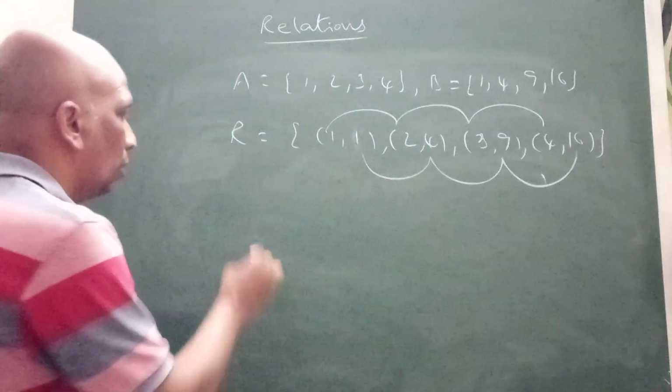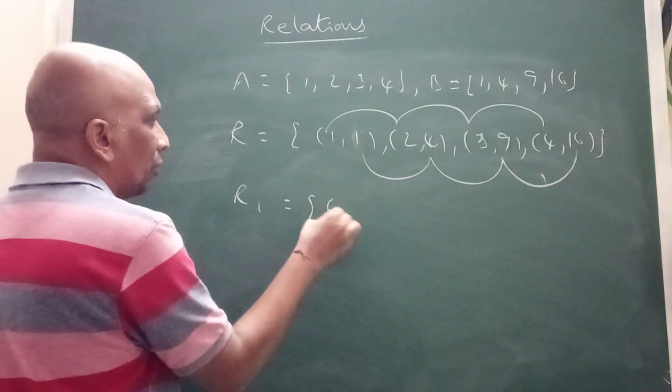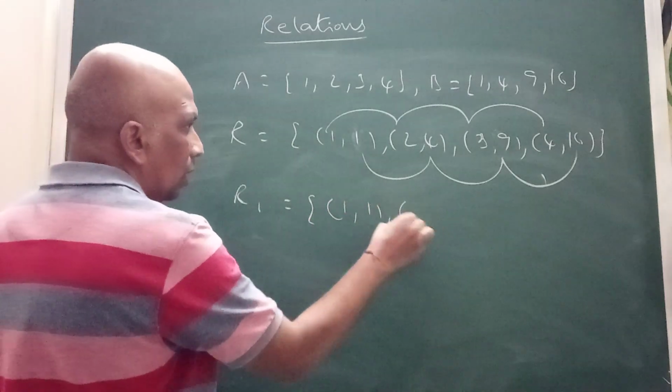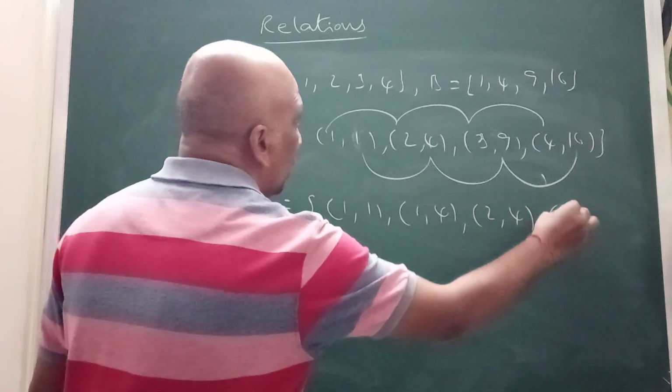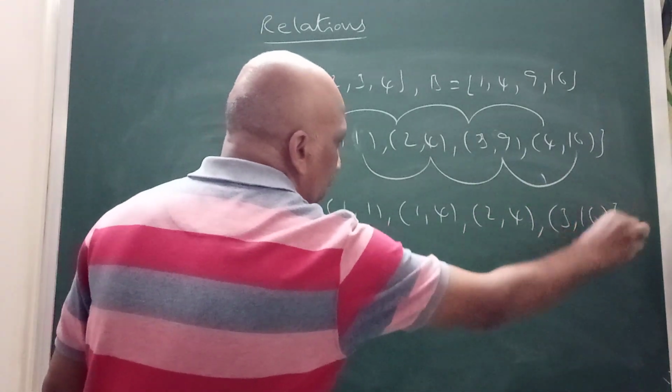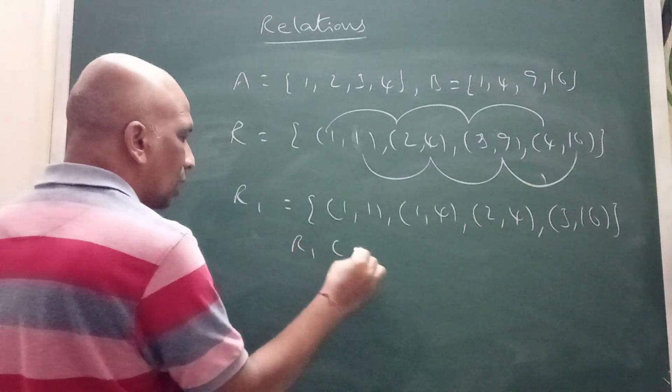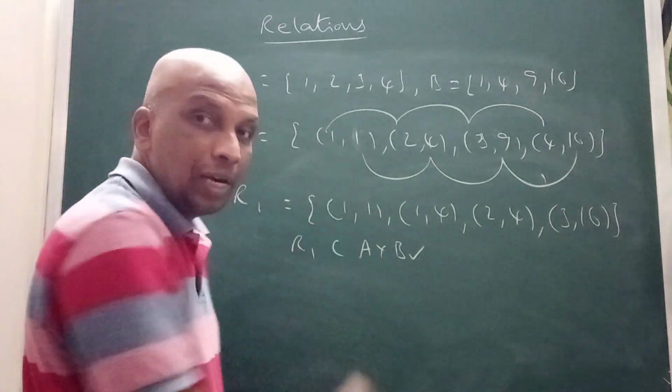For example, I have written R1 equal to {(1, 1), (1, 4), (2, 4), (3, 16)}. R1 is a subset of A cross B, so it is a relation.